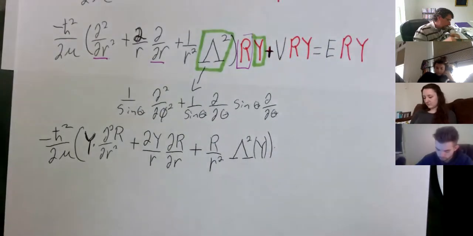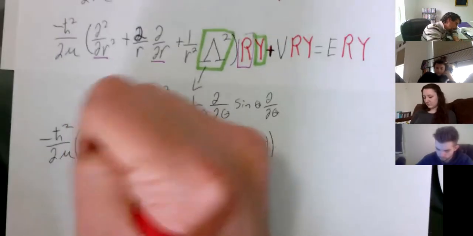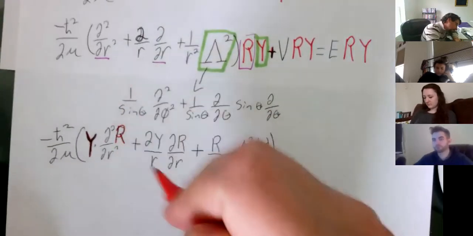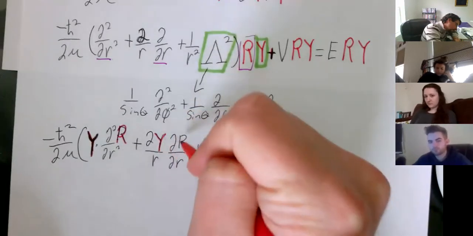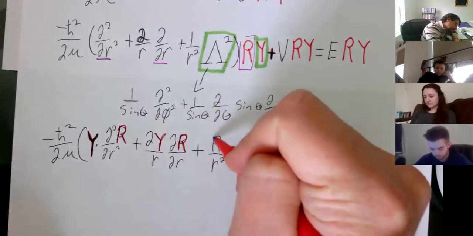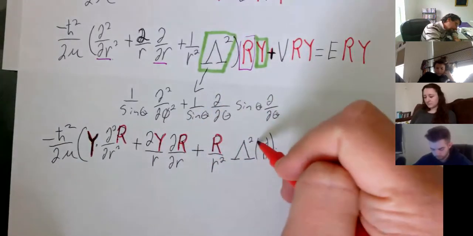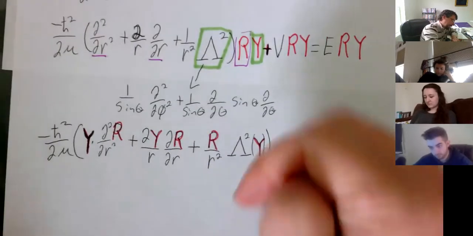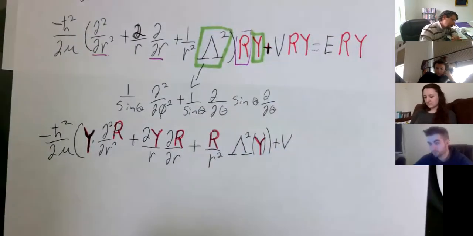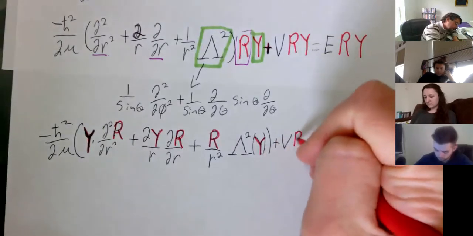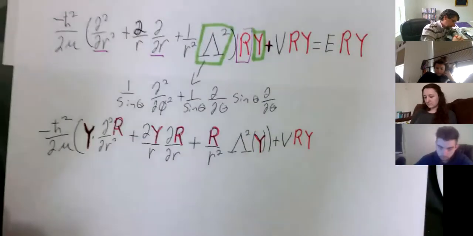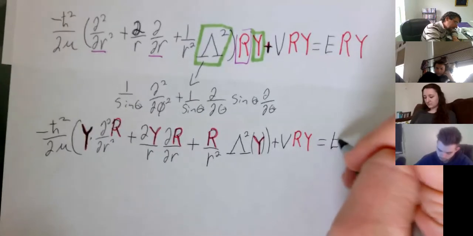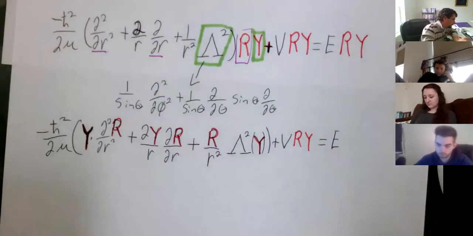Oh, except I'm sorry, I should have highlighted these to make it a little bit more clear. Plus V RY is equal to E RY.